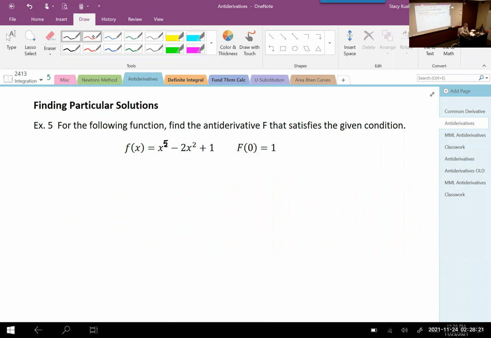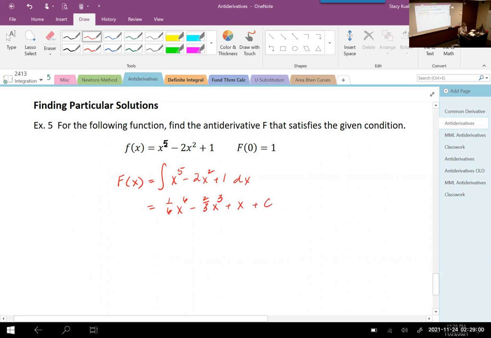So what are we looking at here? Well, remember that the antiderivative is equal to the integral of f of x, right? So the integral is x to the 5th minus 2x squared plus 1 dx. That's equal to 1/6 x to the 6th minus 2 plus 1 is 3, so 2/3 x to the 3rd plus x plus c.